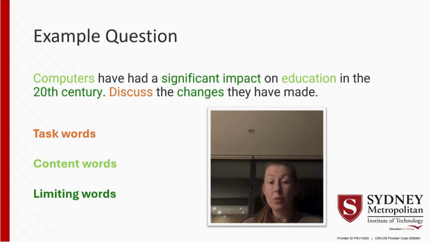Now the content words relate to, here you can see, computers and education. And the limiting words identify the scope and the limitations. So what are the significant impacts that computers have had within the 20th century, and discuss the changes. You can see the limiting words there in dark green.